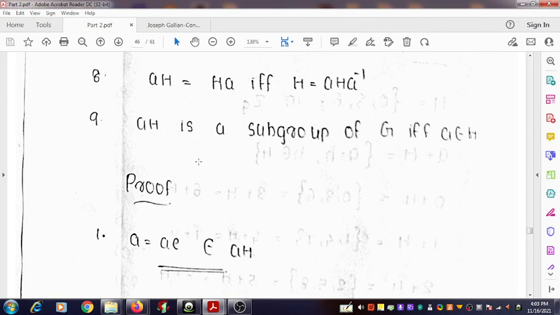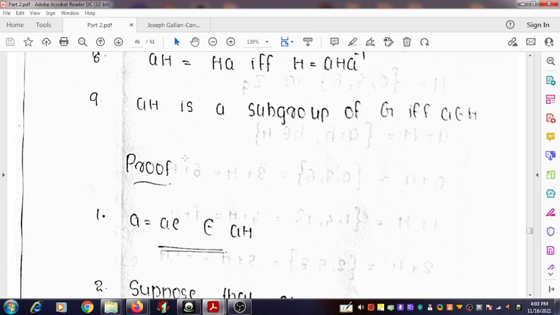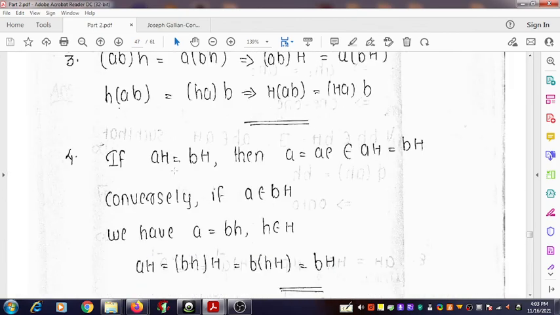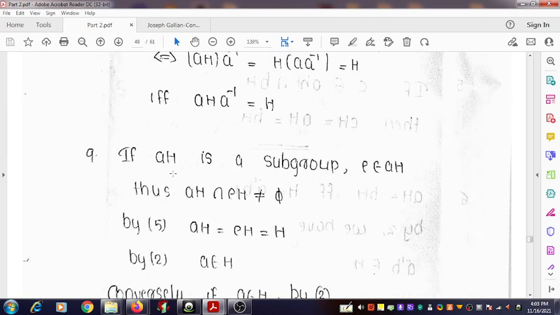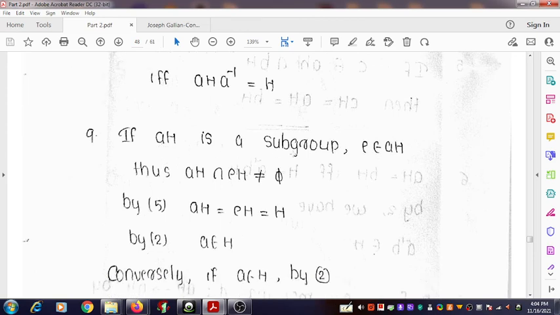AH is a subgroup of G if and only if A is an element of H. The left coset AH is a subgroup of G if and only if A is an element of H. One way, we begin by assuming that AH is a subgroup. Suppose AH is a subgroup of G.